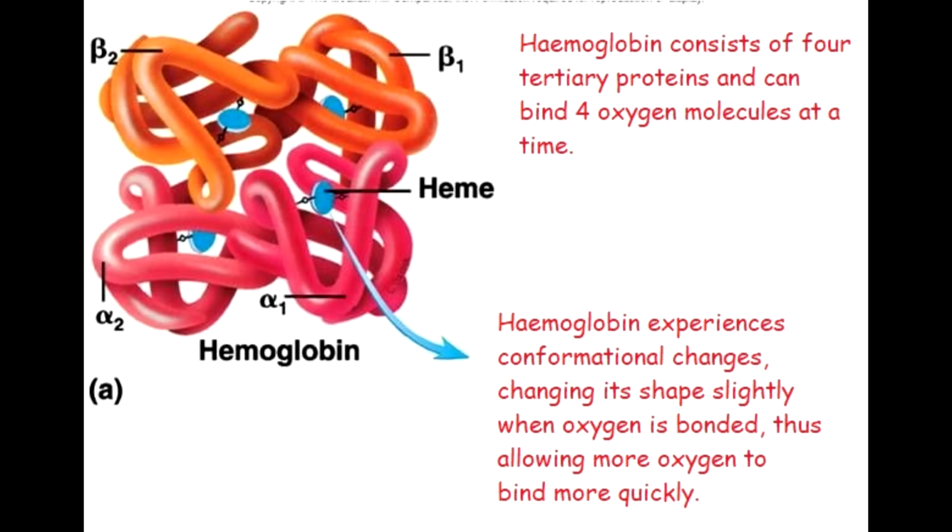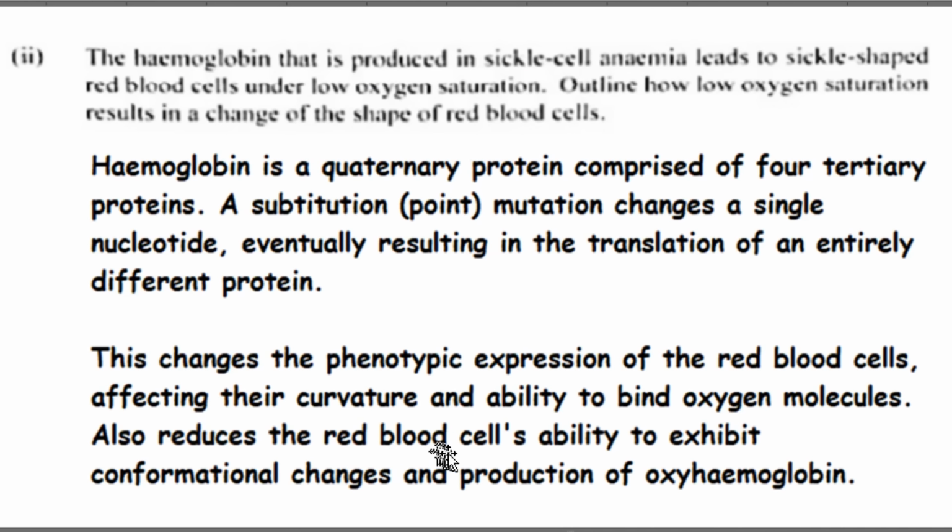So if you have 4 available spaces and one binds, it makes it easier for the other 3 to bind, and so on. So this reduces the red blood cell's ability to exhibit conformational changes. This means that the red blood cell actually folds a little bit to make it easier to bind more oxygen, and thus production of oxyhemoglobin.